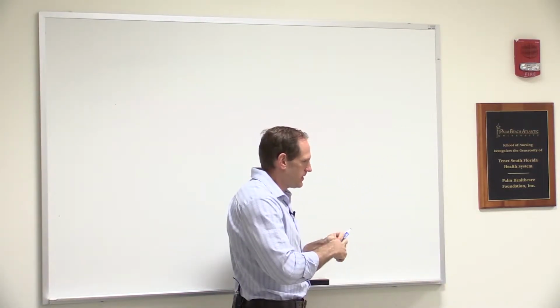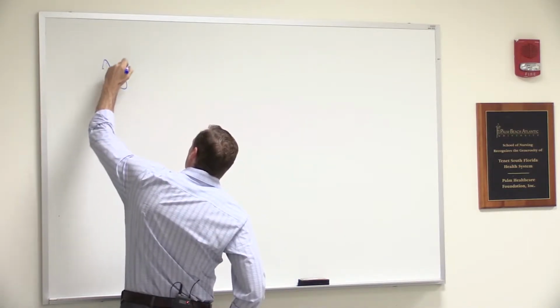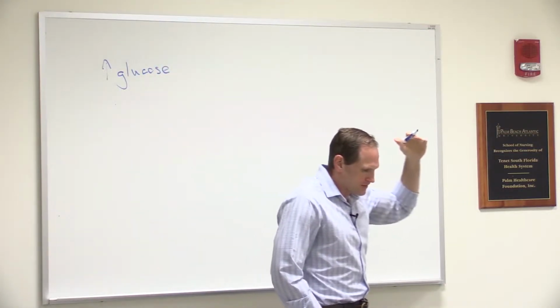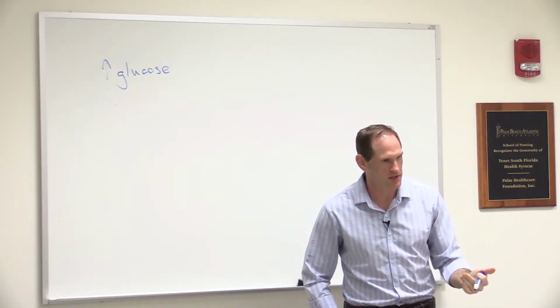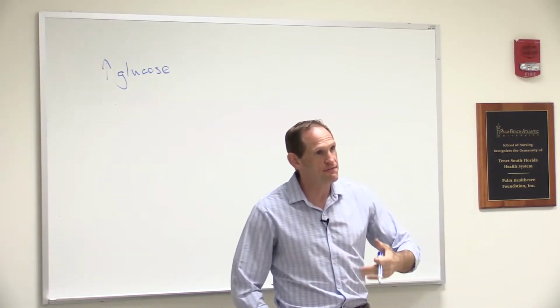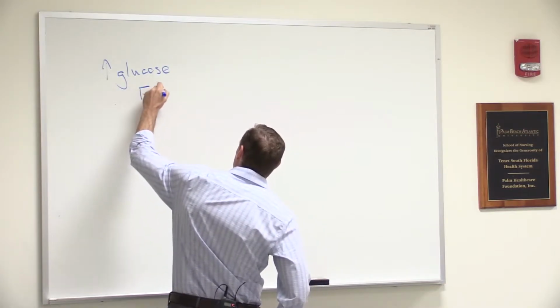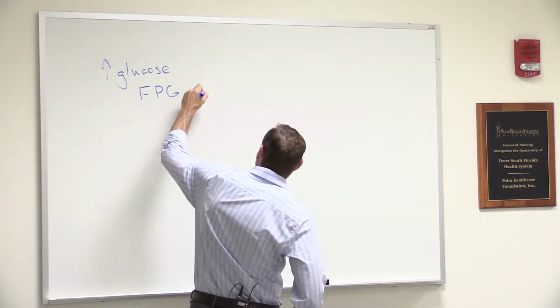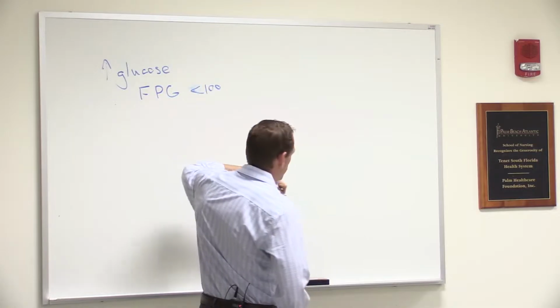All right. So the defining characteristic is elevated glucose in the blood. As far as diagnostic criteria goes, there's several different ways we can diagnose it. You can do what's called a fasting plasma glucose, FPG. If it's less than 100, your patient is normal.